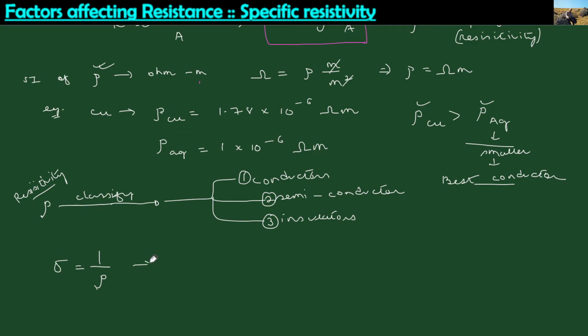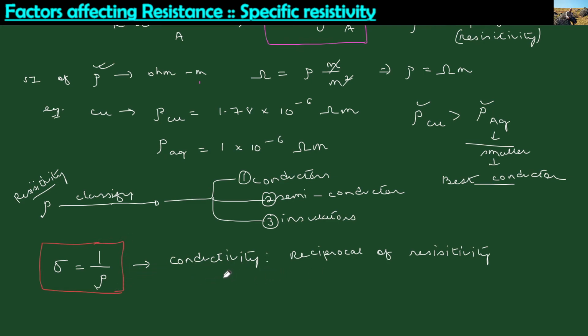So conductivity is nothing but the reciprocal or the inverse of resistivity or specific resistance. So this conductivity will take the formula of sigma equal 1 divided by rho.